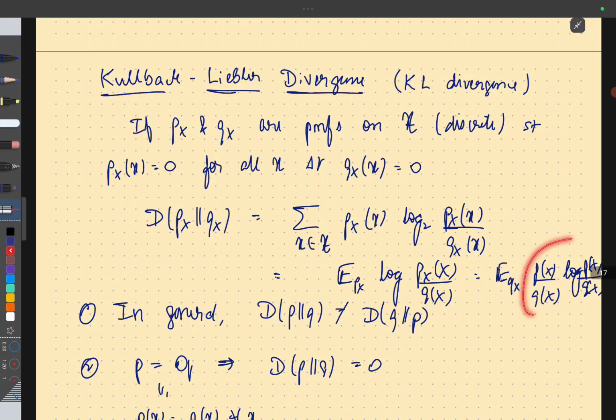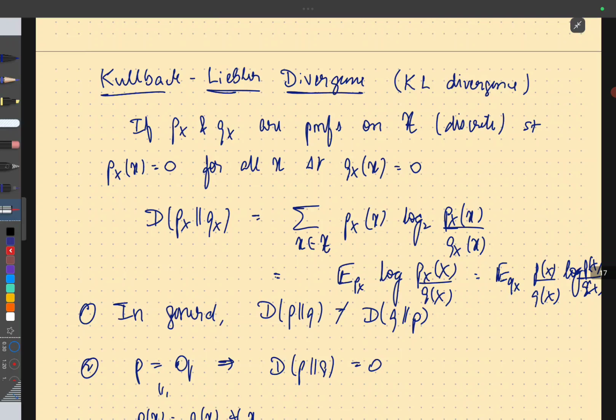You can replace this y log y with any convex function, and you get what is called an F divergence. So if you take the expectation with respect to Q of x of some function f of P of x by Q of x, then you get an F divergence. And the KL divergence is a specific instance of the F divergence.